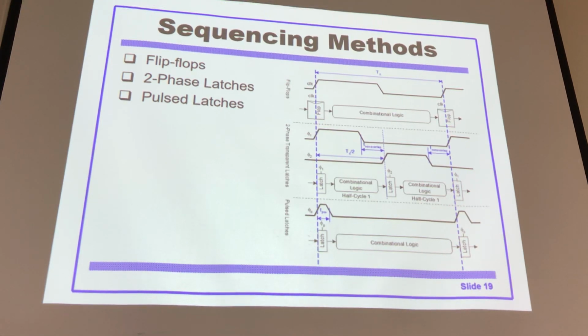Another one is two-phase sequencing. There are two non-overlapping clock signals, phi 1 and phi 2. These are also used in industry, but nowadays the industry almost always uses a single-phase clock signal.